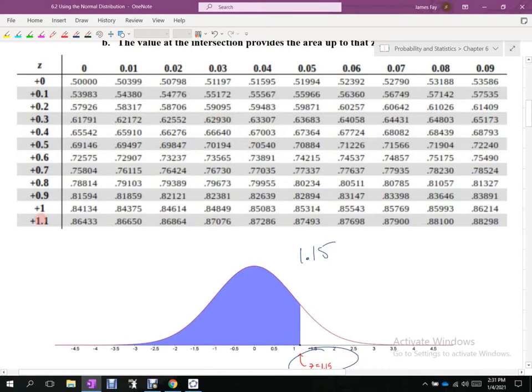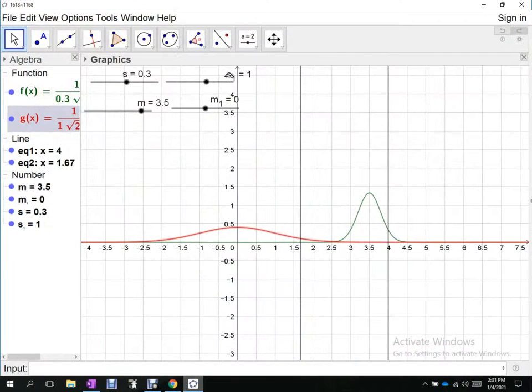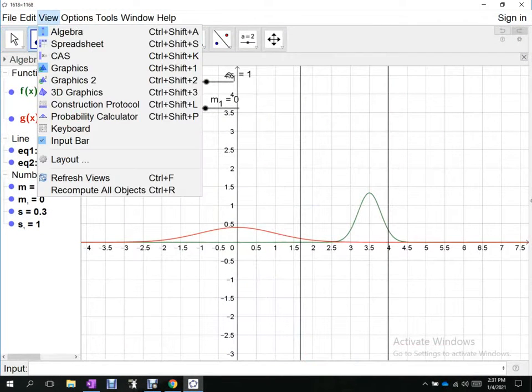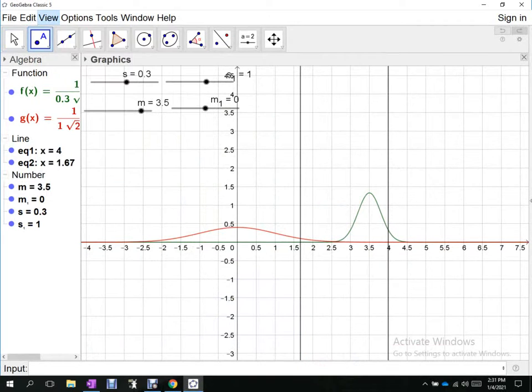So what I do is I go find the 1.1, and I find the 0.05, and I'm going to match those up, see where they intersect, and they intersect right there at 0.87493. That 0.87493 is representing this blue area over here. Okay, everything that we do with the z table is going to be cumulative from the left.